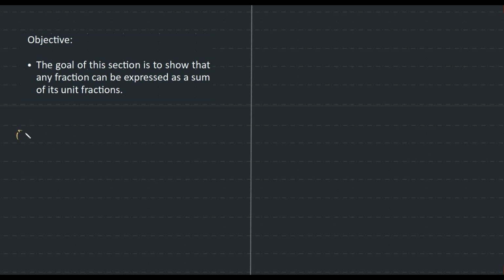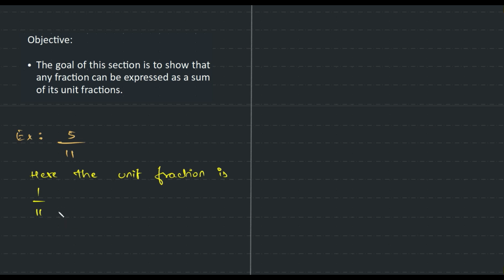Let me give one more example. Say we have 5 by 11. What does this mean? This means 1 by 11 being added 5 times. Let me go step by step. So in this case, the unit fraction is 1 by 11.